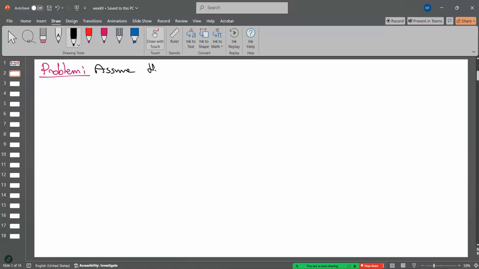Assume that we have 3 signals, like this one. These are the axis endpoints which are given in here. First of all, we have 12 and 5 and 2.